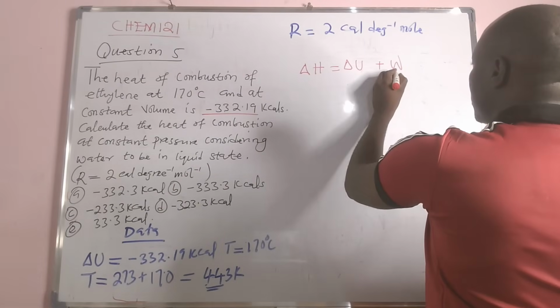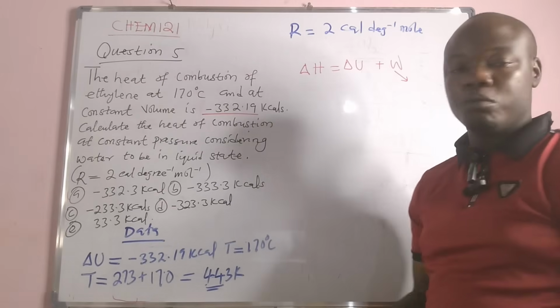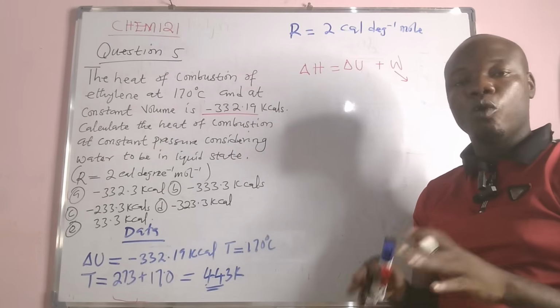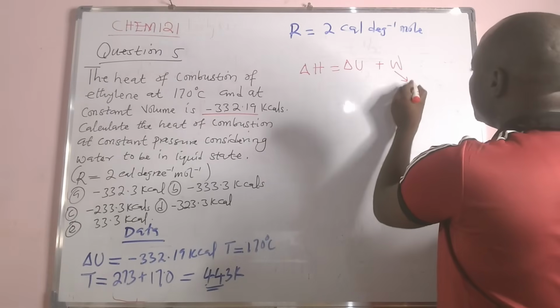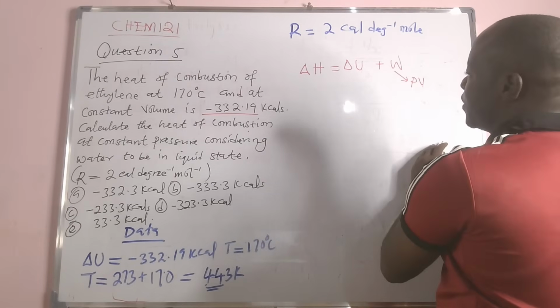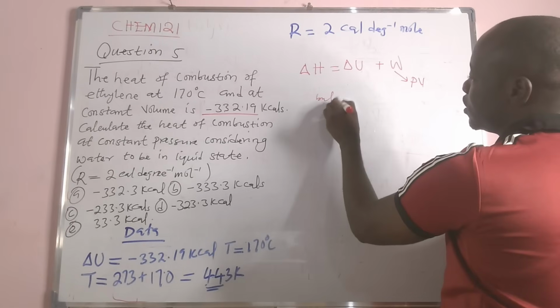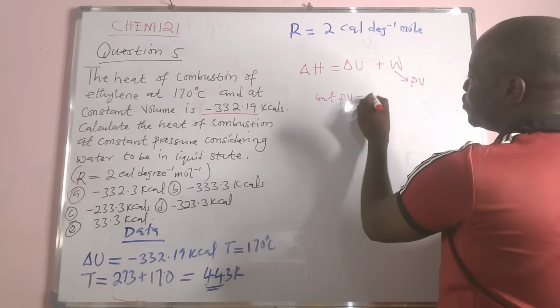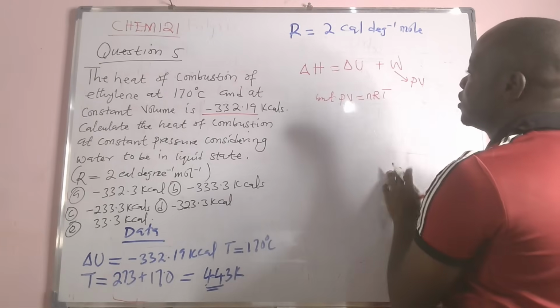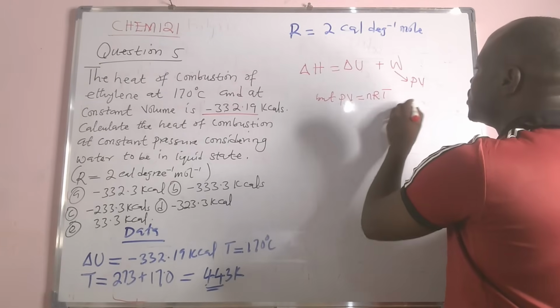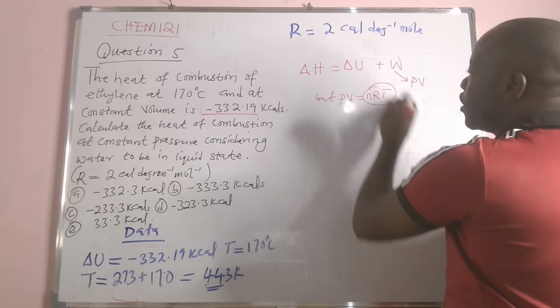But remember, the work done can be the work done by the system or work done on the system. The work done is PV, and PV is equal to nRT. So we can now substitute the W here with nRT.